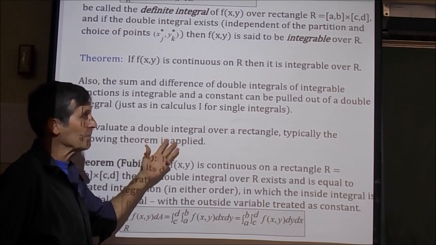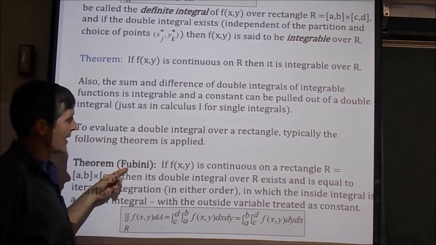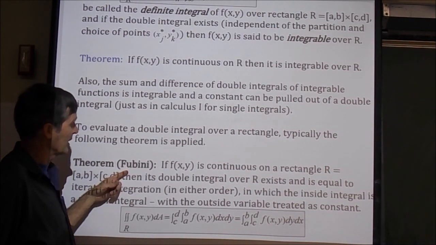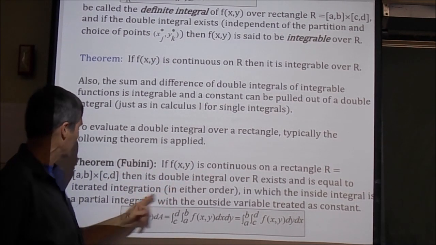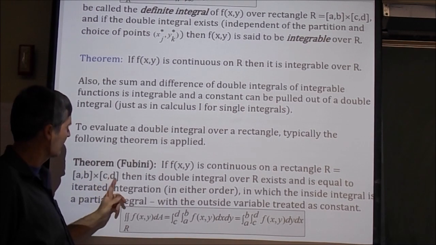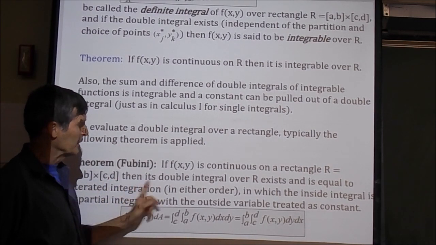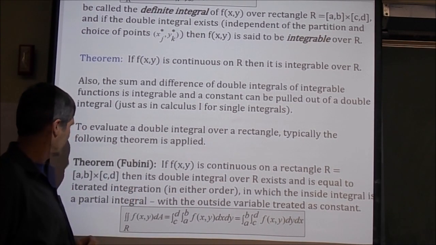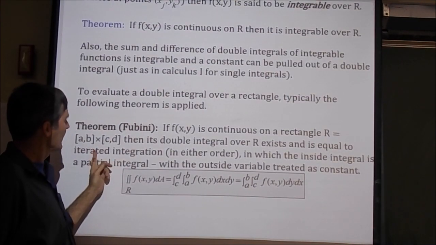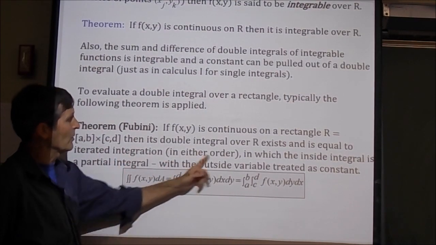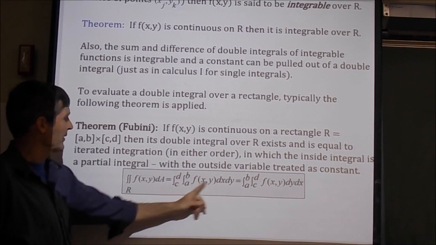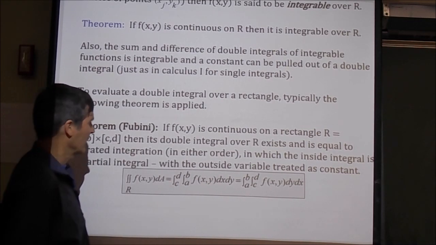What shall we do for double integrals? If it's over a rectangular region R, we use Fubini's theorem. We say that if f is continuous over a rectangle, x going from A to B, y going from C to D, then its integral exists. It's equal to the iterated integration in either order, like this, where these are calculus 1 integrals.